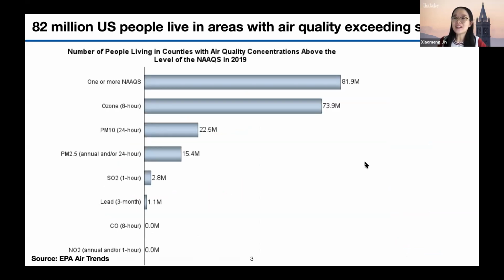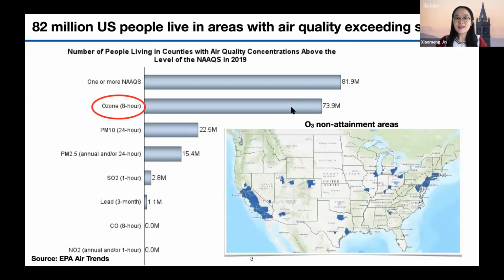So even with the improved air quality, there are still 82 million US people living in areas where the air quality does not meet the standard. Among different air pollutants, there are about 74 million US people living in areas where the ozone does not meet the standard. This figure shows the map of the ozone non-attainment areas in the US.